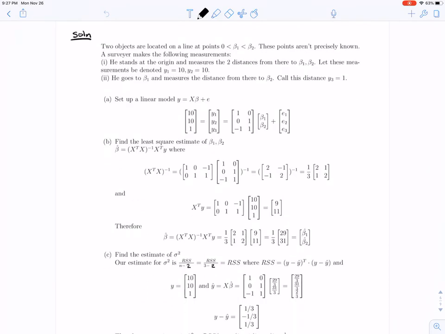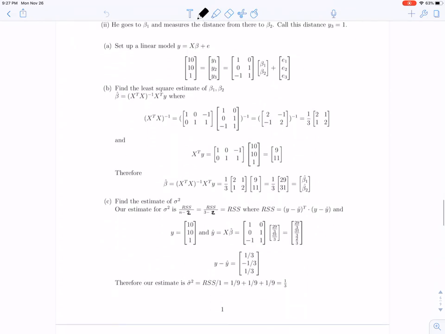Going over the solutions here, to A, we have our linear model. We can find explicitly what beta hat is. So you can see that it's 1/3 of 29 over 30, 29, 31. So that's very close to 10, as you would expect.